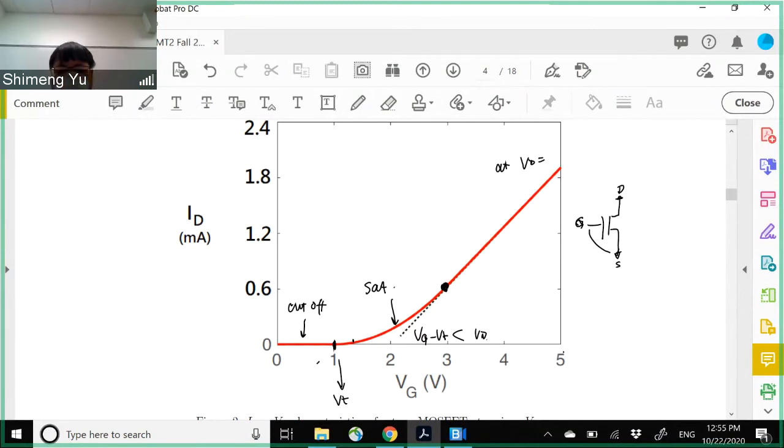Still, here you see a turning point. Above that, because the Vg is very large now, 4 volts or 5 volts, the Vg minus Vt is also larger than the Vd. Then this is like a triode or the linear region in this part. So basically, we have 2 turning points, here and here.